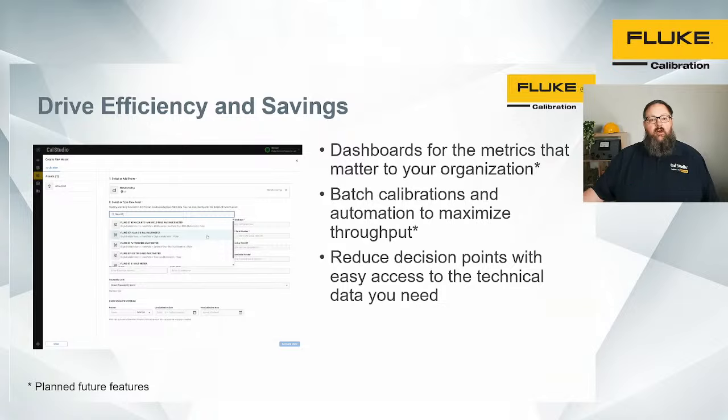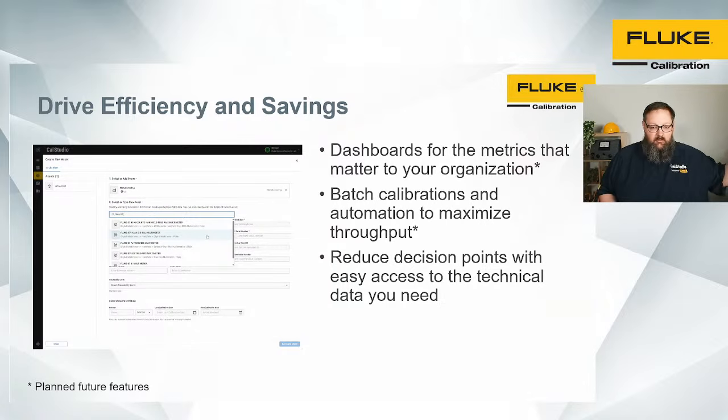As we move forward in the automation side, adding batch calibration and full automation to maximize our throughput, a lot of what we see in the calibration software space to this point has been really focused on that automation piece. And certainly that's a big part of optimizing and improving the way we run our Cal labs. But beyond that, I often talk about the act of calibration as a very small piece of the overall calibration workflow, right?